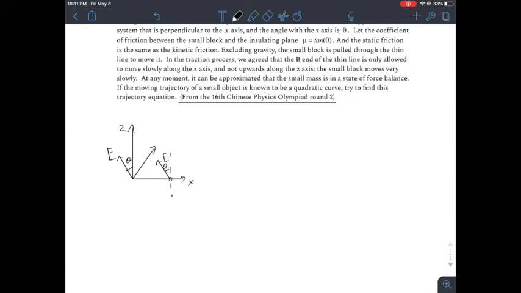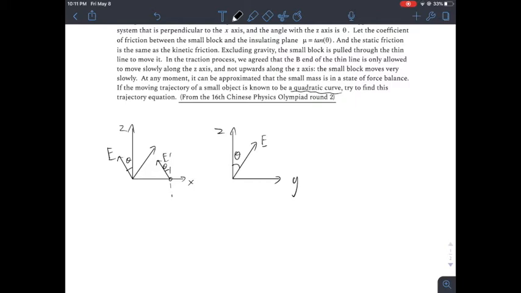Because we know the trajectory has to be a quadratic curve, the vector E has to be on the same plane as y and z, because if it's on the same plane as x, there will be no y direction force. It's just a horizontal force, so we won't have a quadratic curve equation.